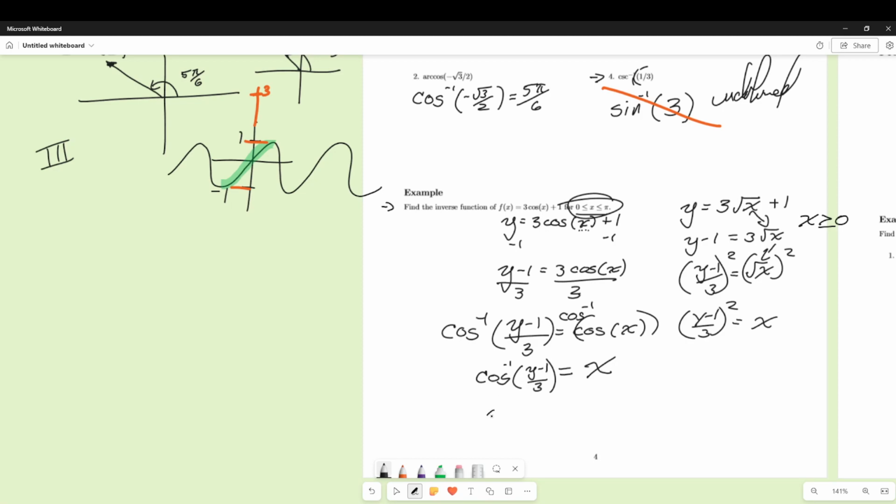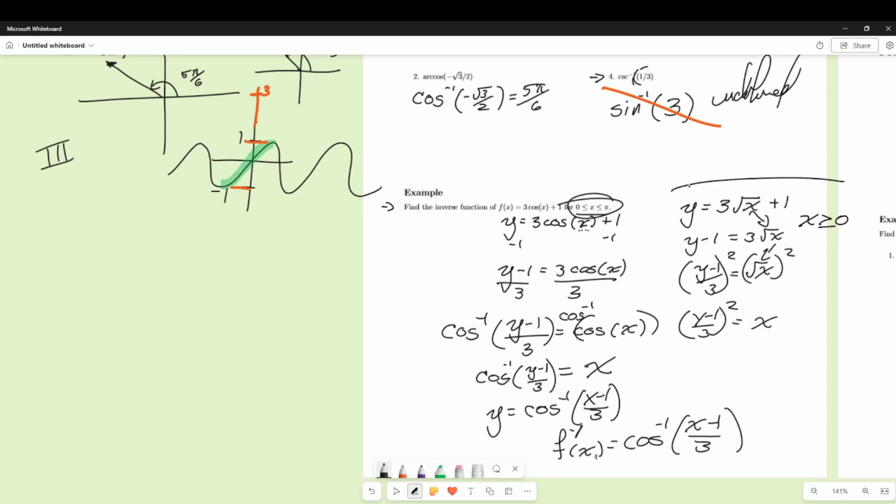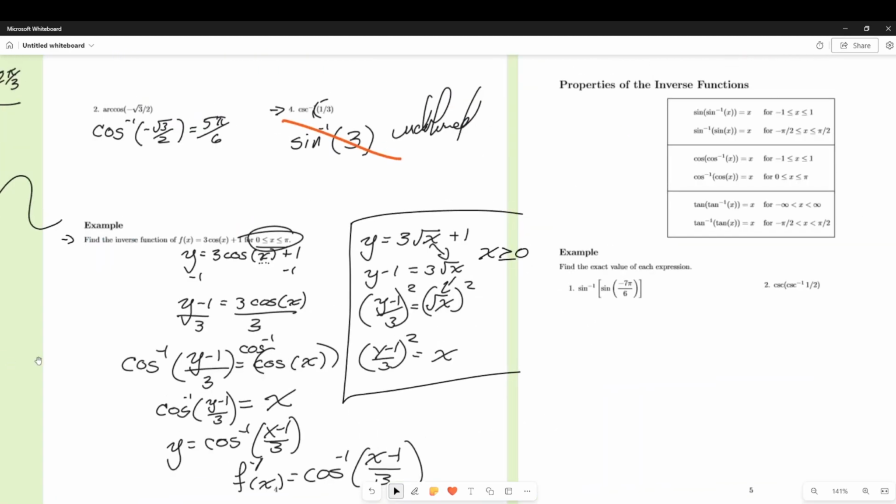So we would finish this by switching our x and y's and getting cosine inverse of x minus 1 over 3, and then saying our inverse function, f inverse of x, is the cosine inverse of x minus 1 over 3. Sorry, I went on a little side quest there, but hopefully it was useful for you.